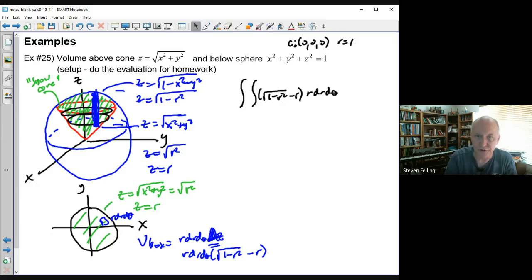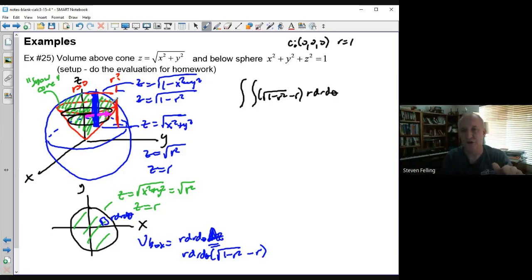Actually, I should probably have drawn it this way. What's going to stop this radius is when we get to the edge of the cone, and the maximum radius is going to be set by this distance right here. So r is going to start at 0 and go as far as this radius right here. The question is, what's that radius? Well, that radius is the radius at the intersection of the cone and the sphere.